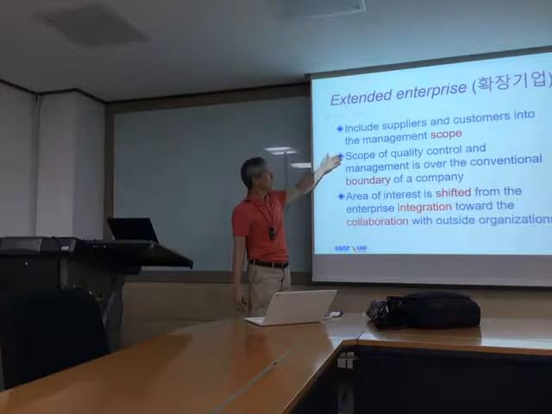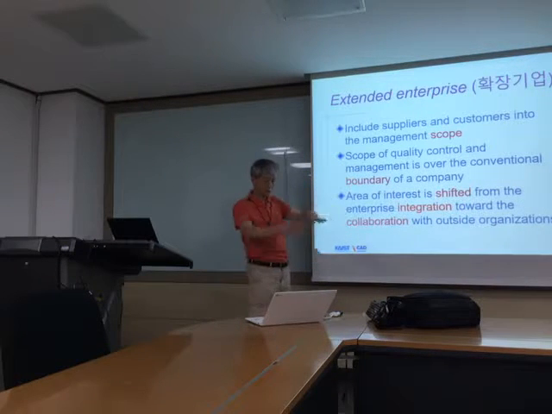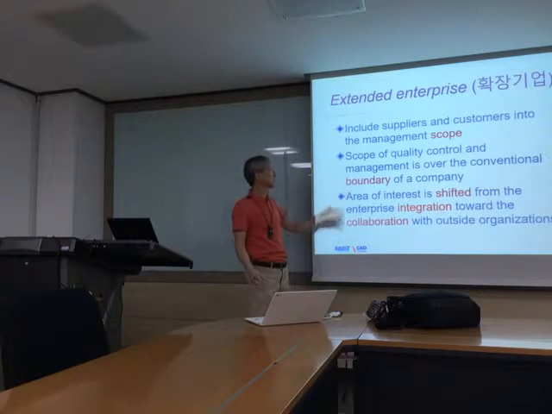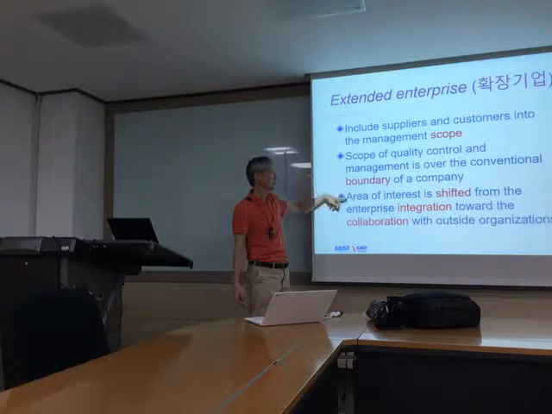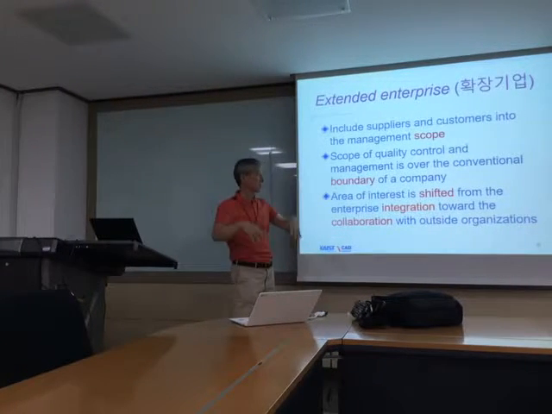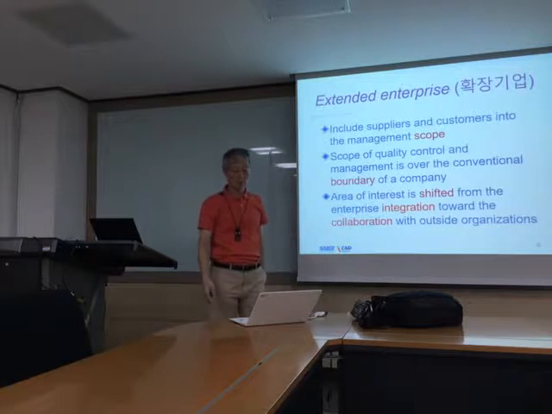So the scope of quality control and management goes over the conventional boundary of the company. You can think of the Rouge factory's boundary as expanded, so that is extended. The area of interest is shifted from inside integration to outside integration or collaboration.